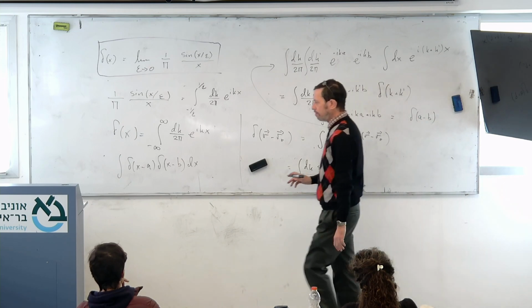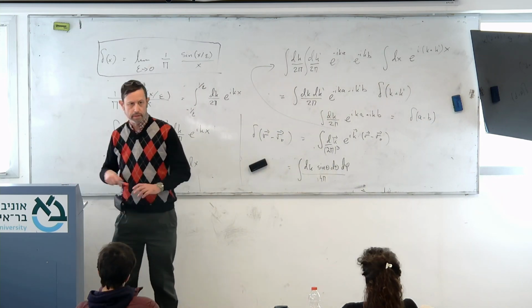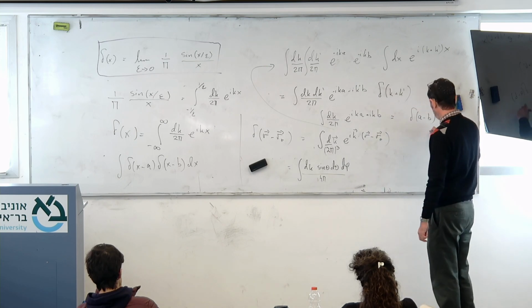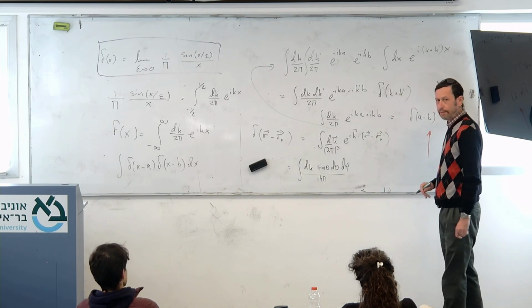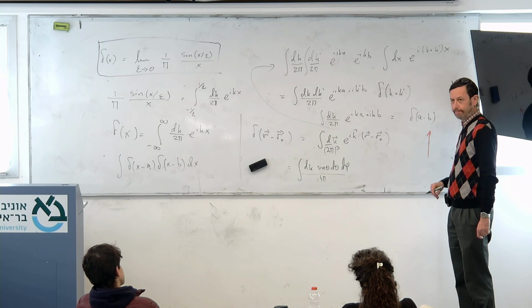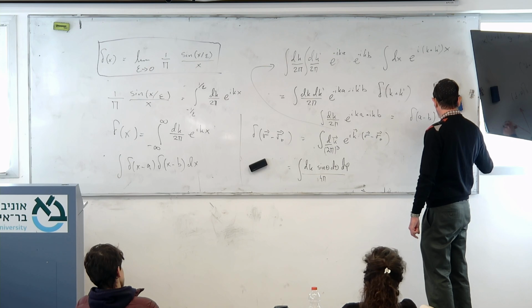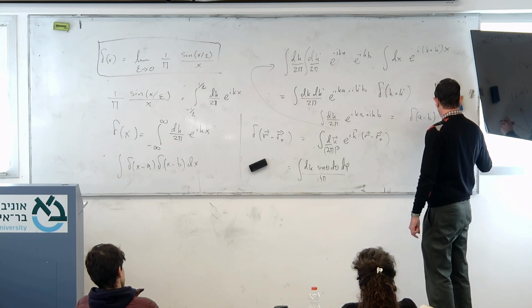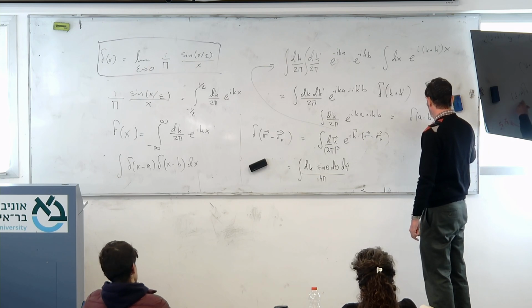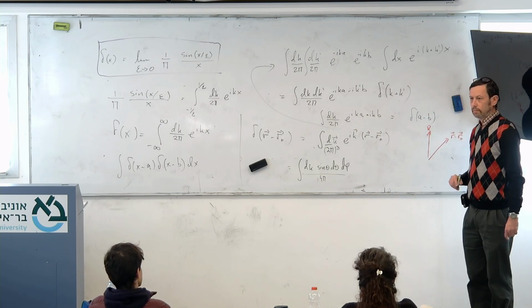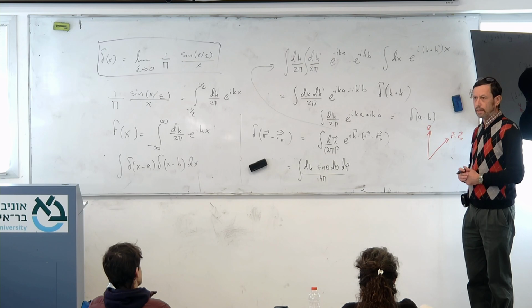Well, let's stop a minute and look at what happens. If I have some direction of k and some direction of r minus r0, what is the scalar multiplication of these two vectors?